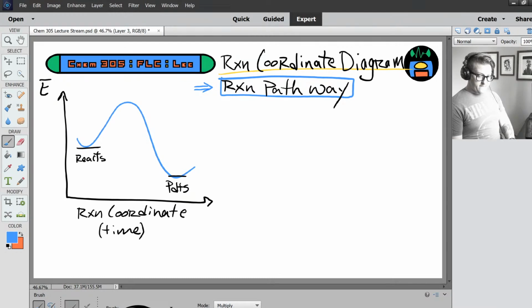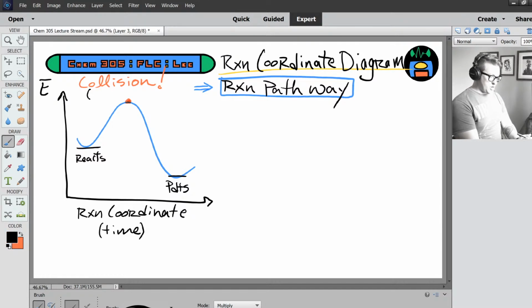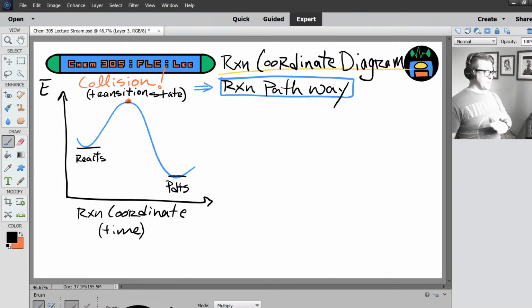And the very tip of this peak, this is where the collision occurs. That is where the collision occurs. This is called the transition state. All right, it's smack dab in the middle of reactants becoming products.